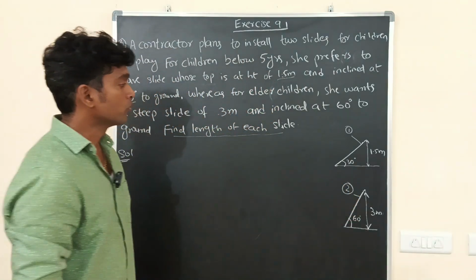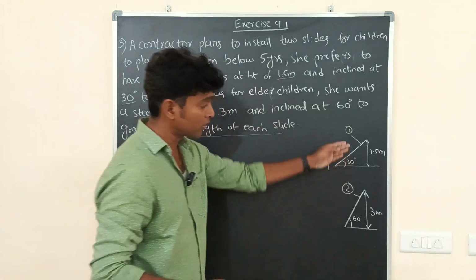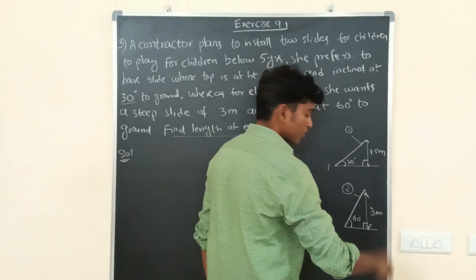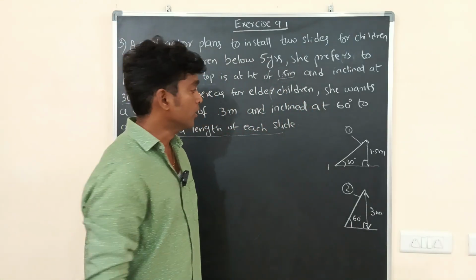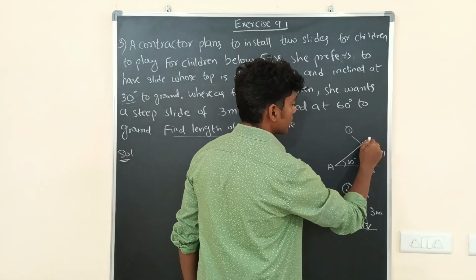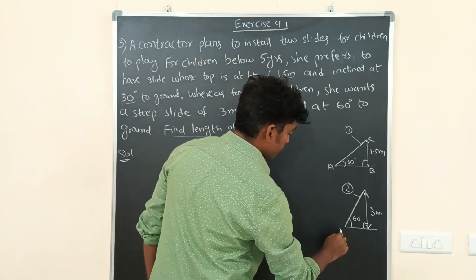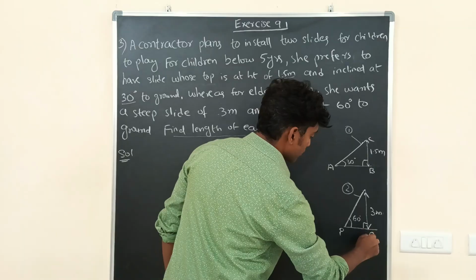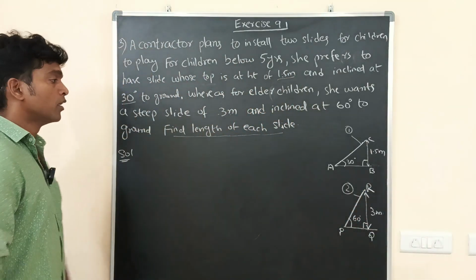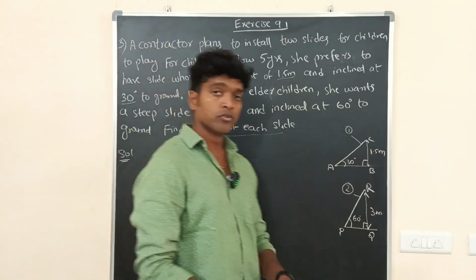Let us consider the triangles. These two are right angle triangles. For this one, let the triangle be A, B, C, and let the other be P, Q, R. What logic do we have to use?